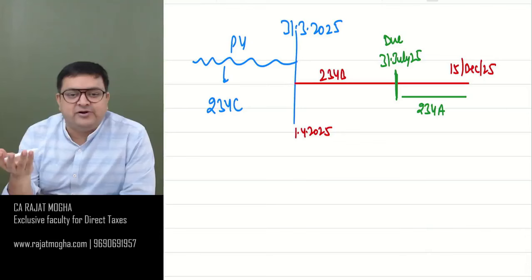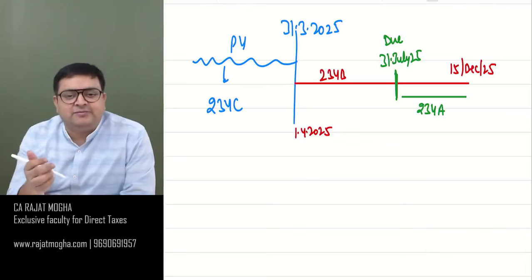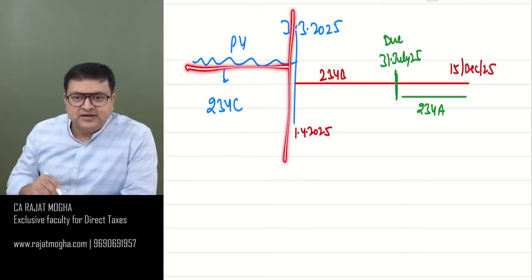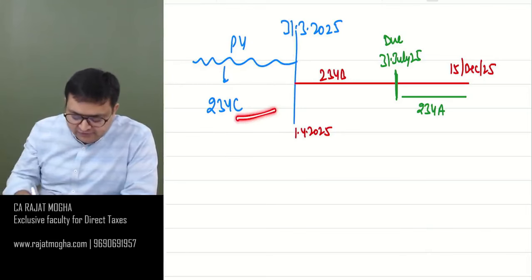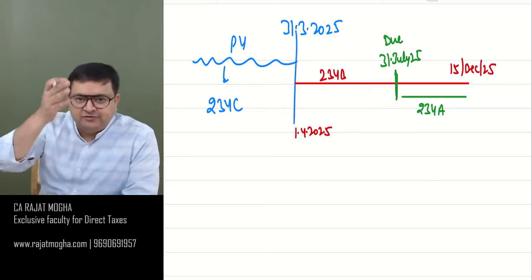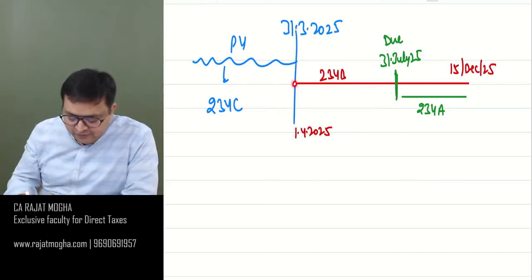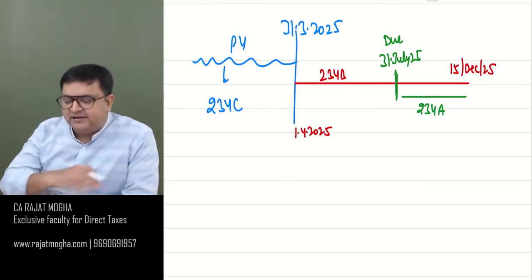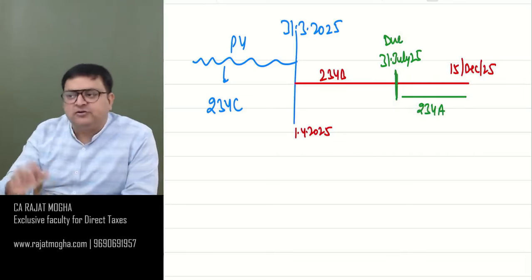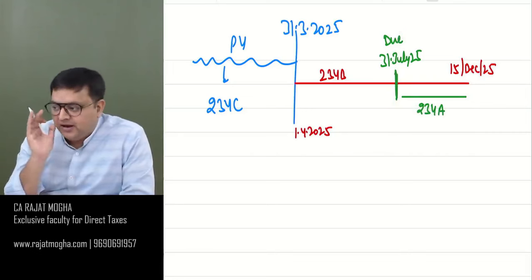Income tax says why you are not depositing it, even your due date has expired, let it be. So till here it is 234C. It's a relay race between 234C and 234B. 234B starts from the date when 234C ends, and 234B goes on from 1st April onwards until you deposit. Red line is 234B, and after the due date 234A will also start. Understood this?